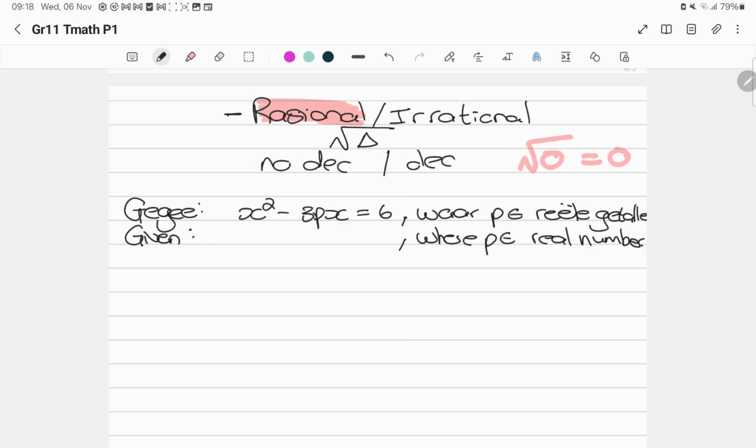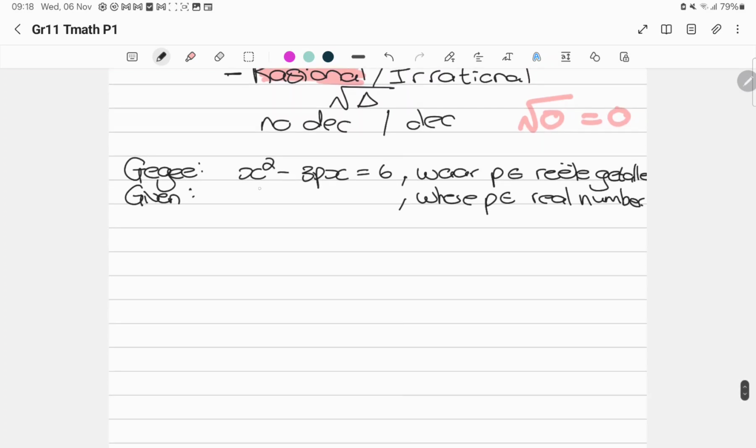Alright, so here we have a question now. It is given that x squared minus 3px is equal to 6, where p is a real number. The first thing you need to do is always get this back into your standard form. So x squared minus 3px equals 6, I need to take this 6 over.